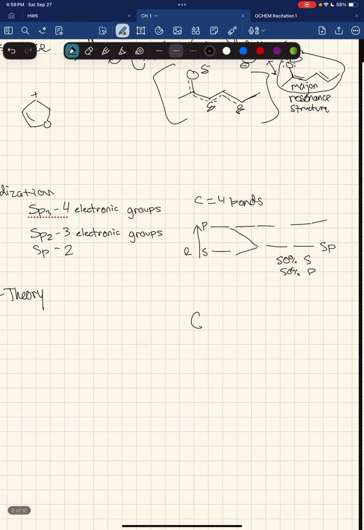This is something that I'm terrible at drawing, so this is really difficult. So you know this carbon, oh, there's a middle carbon too. This carbon has 50% S character, 50% P. If I remember right, S looks like that.